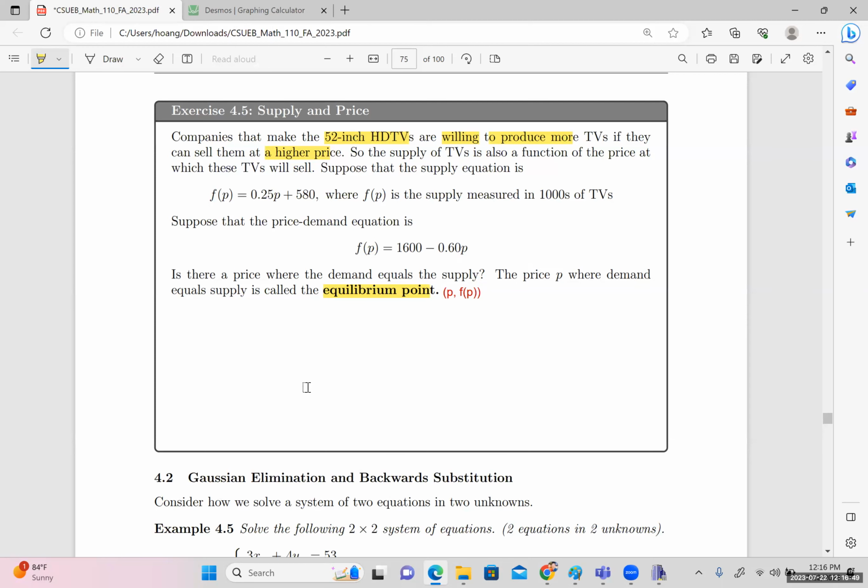So the supply of TVs is also a function of the price at which these TVs will sell. Suppose that the supply equation is f of p equal to 0.25p plus 580. As you see, this function has a positive slope, right? Which means the higher the price, the higher the supply you want to have, right?